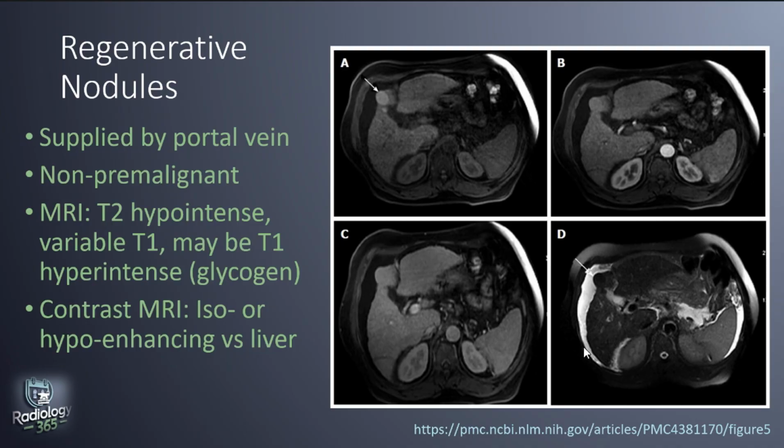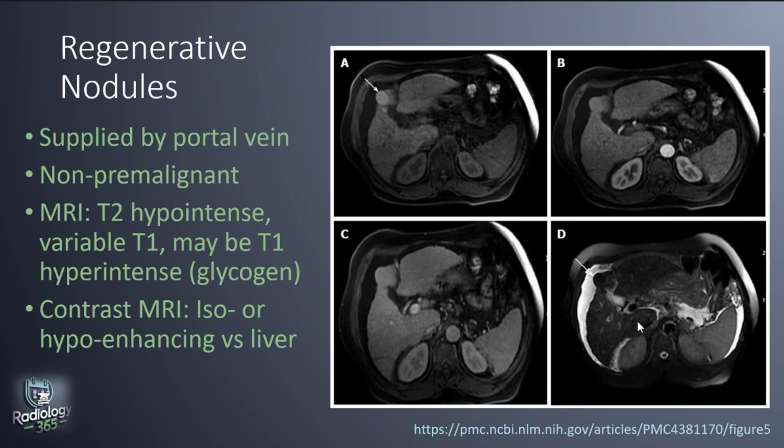And we see this subcapsular partially exophytic nodule at the hepatic segment 5, which demonstrates increased intrinsic T1 signal. You can see it's a little bright on T1 on the pre-contrast image, and it shows iso signal intensity to the background liver on post-contrast image here, and here.